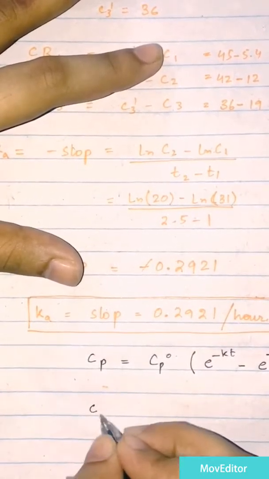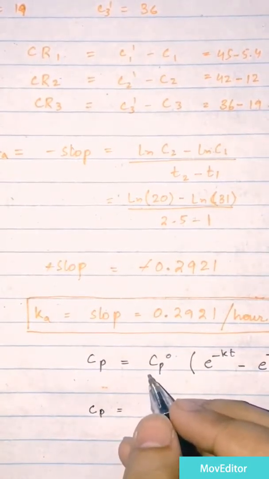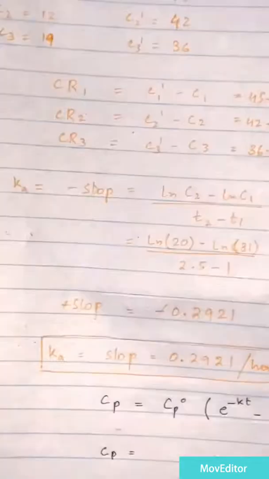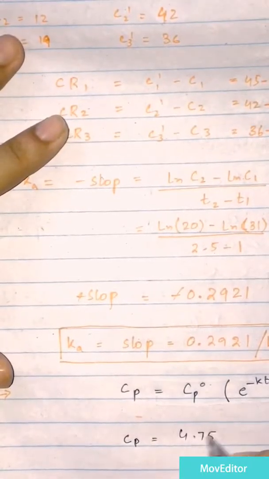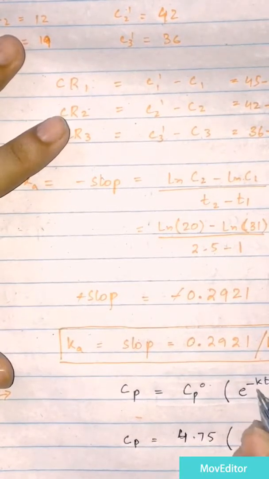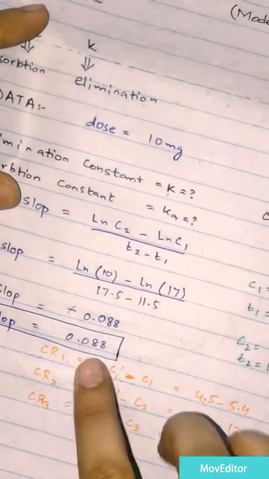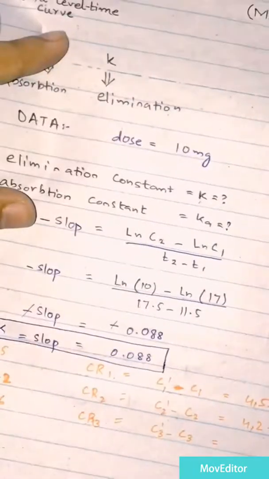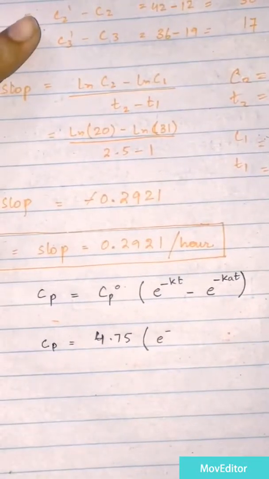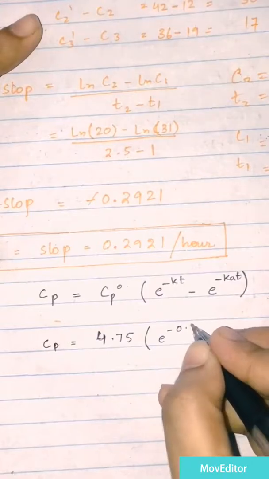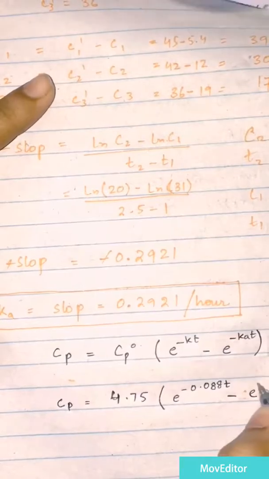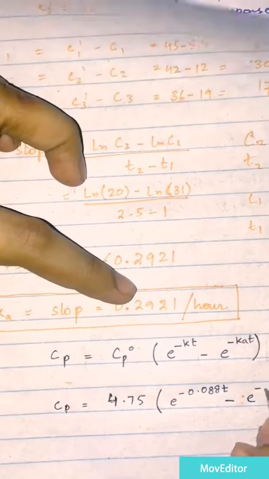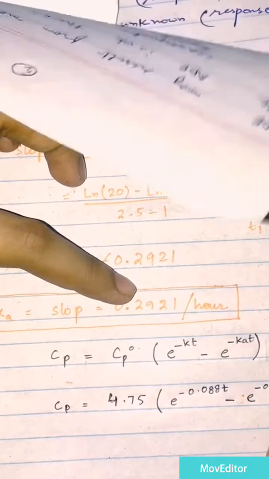We don't know the Cp, but we do know the initial concentration that we had found previously, 4.75 nanogram per milliliter, and then e to the power minus K t, where the elimination rate constant K we had found is 0.088, so 0.088 t, since we don't know t, minus e to the power minus Ka t, where Ka is 0.2921, so 0.2921 t.